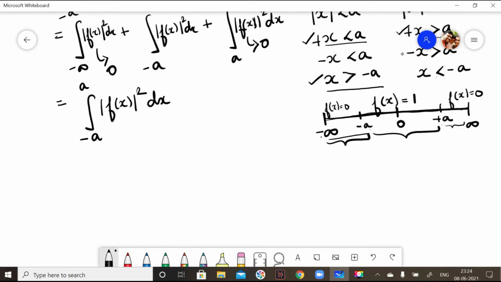Okay, so for minus a to a, look at the diagram and tell me, minus a to a, what is f of x? F of x is 1. Modulus means the positive part. So 1 the whole square dx.